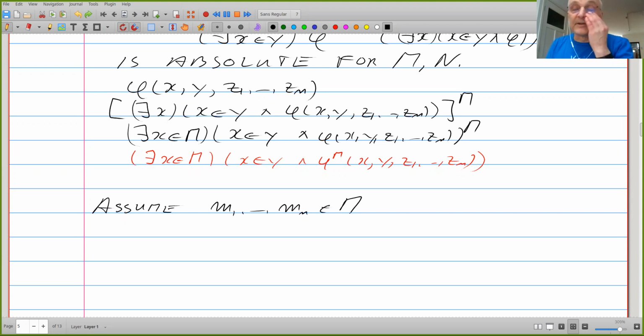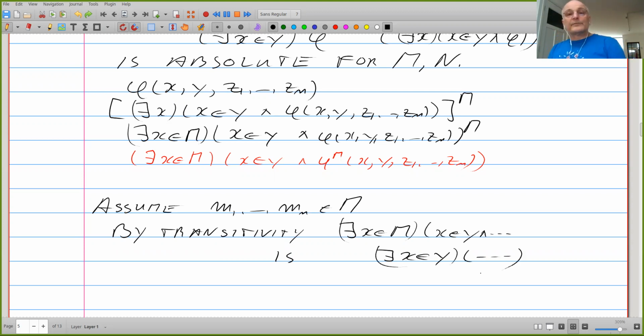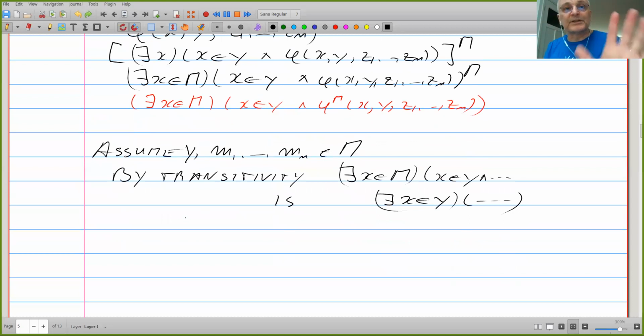Okay. So now suppose we have a few members of M, and by transitivity, because the M is transitive, if we say there is an X in M such that X belongs to Y, etc. The Y should also belong to M, of course, because we're going to substitute stuff from M in the formula.